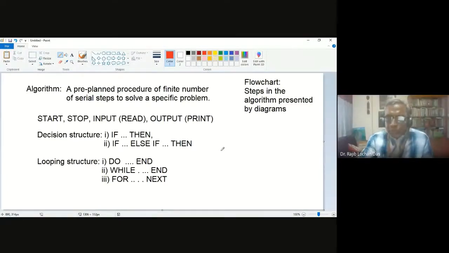Okay, no problem. I do not have enough time. Let me just finish this quickly. So start is very important in algorithm. Start is actually written in the algorithm for preparing the situation before writing your code. Say for example, in C programming, you include the header files, right?